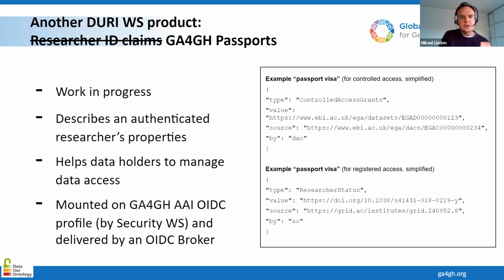And the intention is to help the data holder to manage the data access control process. The passports are mounted on another Global Alliance specification called AAI profile that's managed by the security workstream.